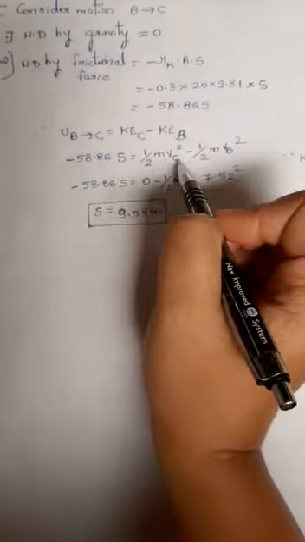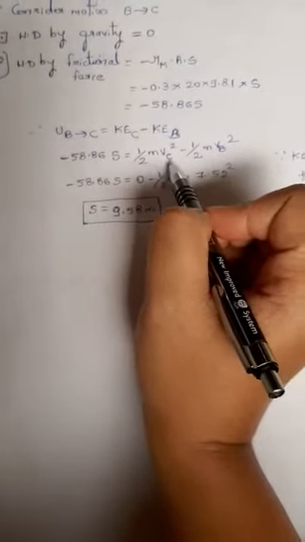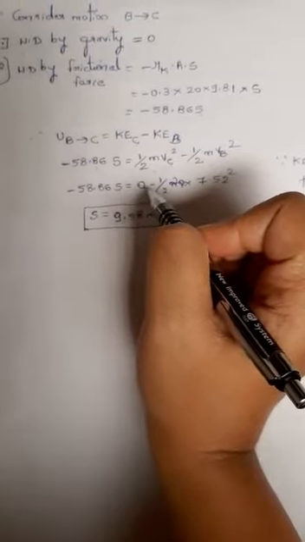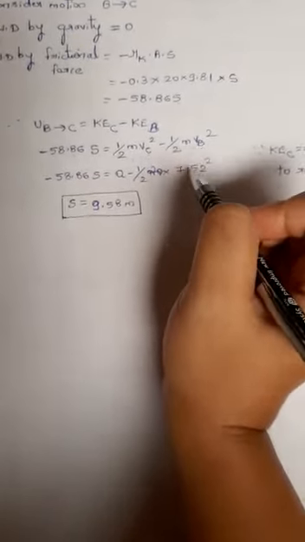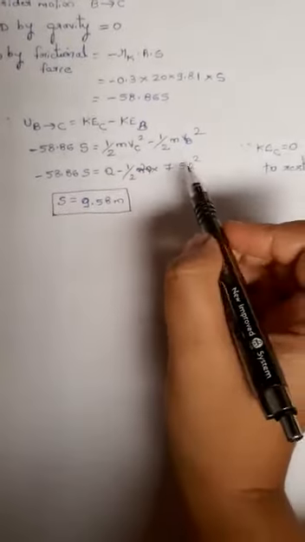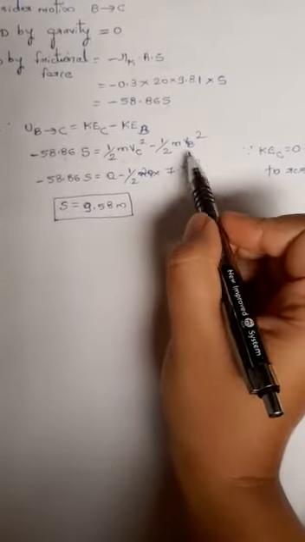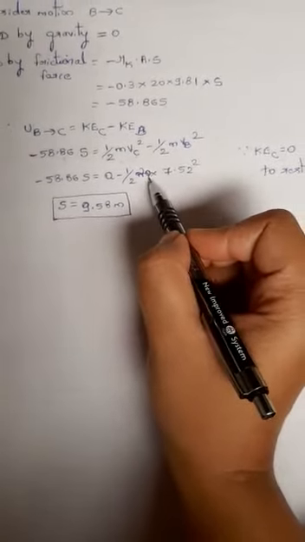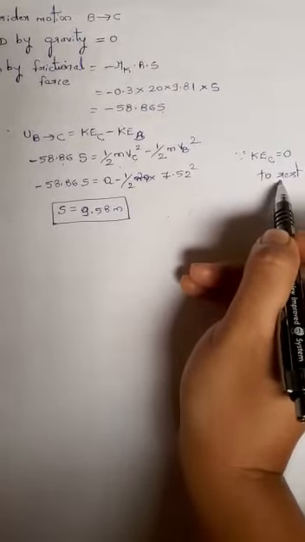Now what is the VC value? Velocity at C, it will come to rest. So obviously my kinetic energy at C will be 0. Next, half m Vb square. The Vb value we just calculated in the last step was 7.52. Substitute here, and mass is 20. Kinetic energy at C is 0 because it comes to rest at C.